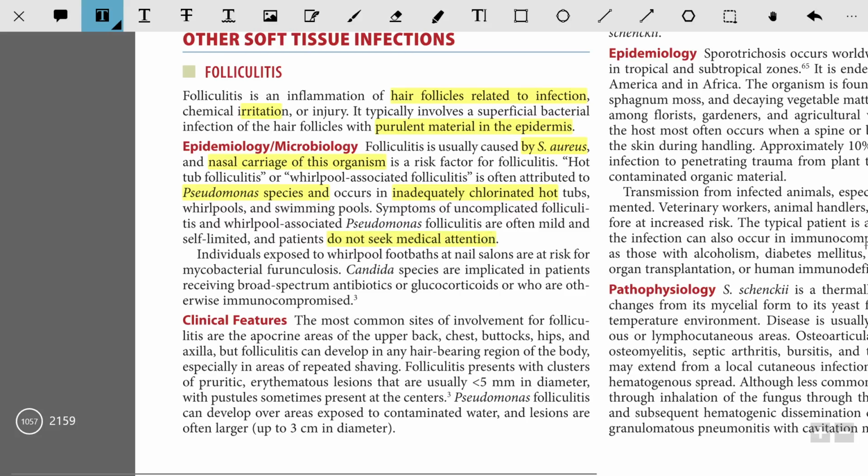Individuals exposed to whirlpool foot baths at nail salons are at risk for mycobacterial furunculosis. Candida species are implicated in patients receiving broad-spectrum antibiotics or glucocorticoids, or who are otherwise immunocompromised.